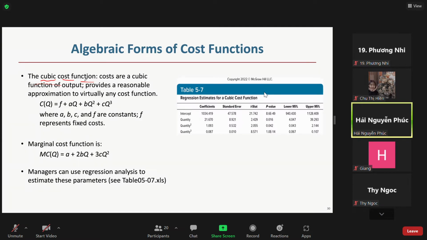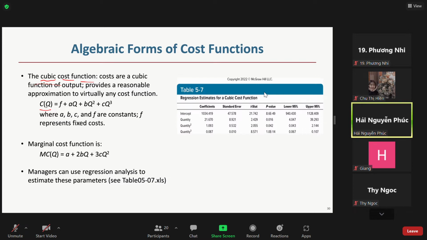It can provide a reasonable approximation of the cost for the company. So the cubic cost function looks like this: C as a function of Q equals F plus AQ plus BQ square plus CQ cube, where A, B, C, and F are constants.